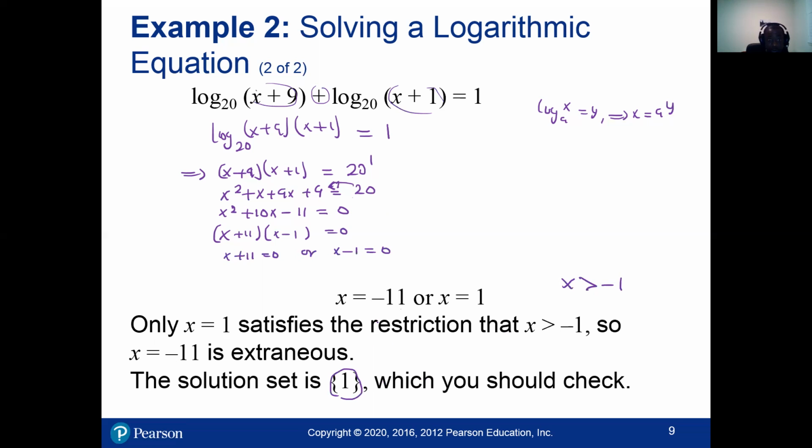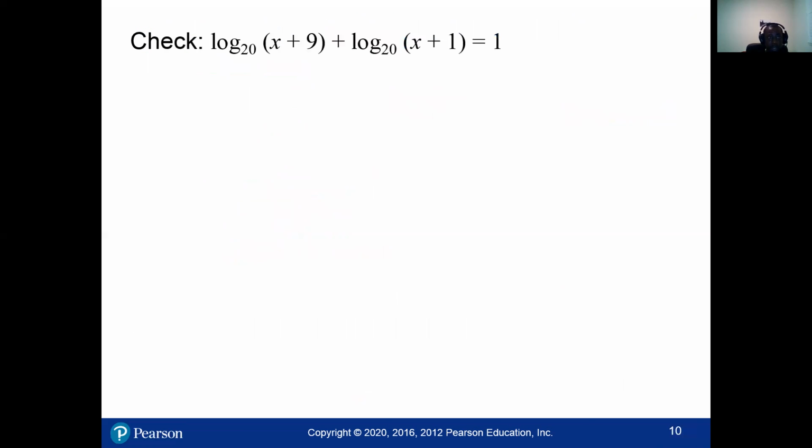But we can check the solution to make sure it is correct. Check it for x equal to 1. This gives us log base 20 of 1 plus 9, plus log base 20 of 1 plus 1. Is this equal to 1?